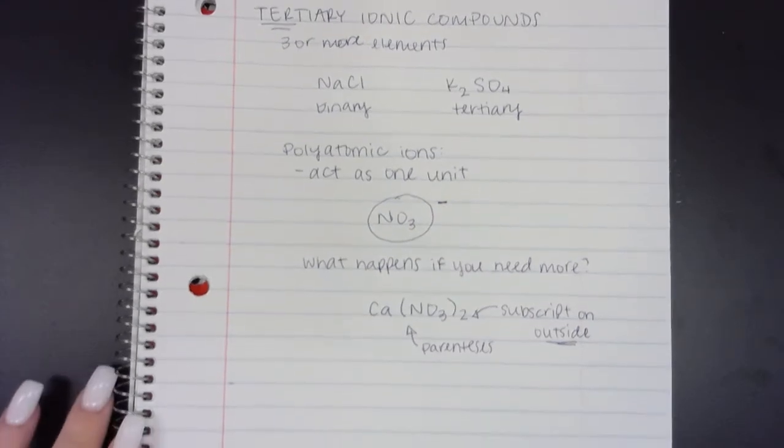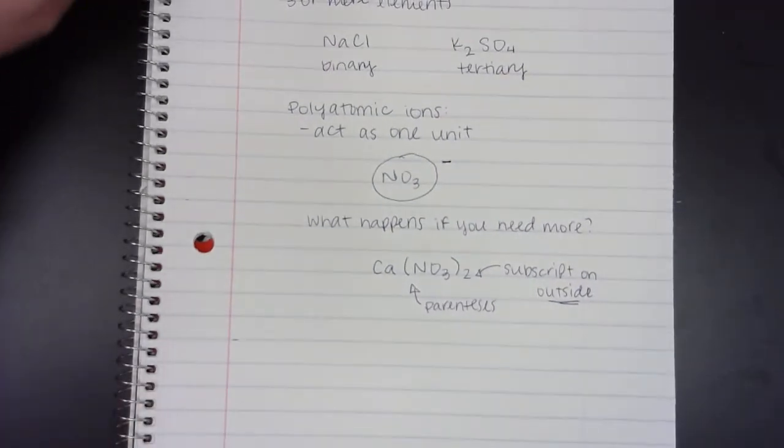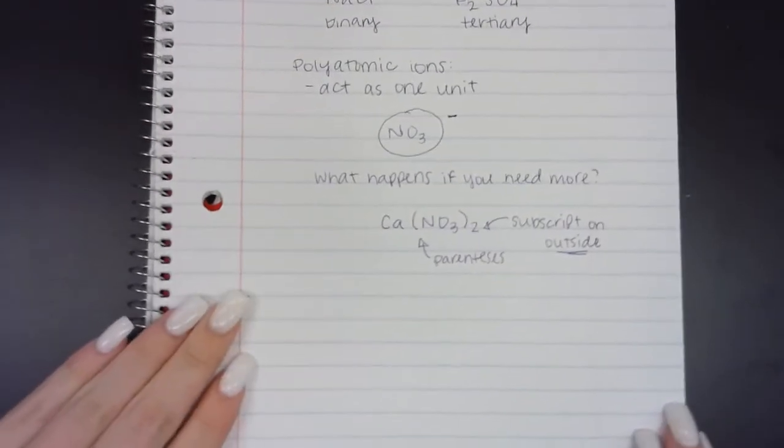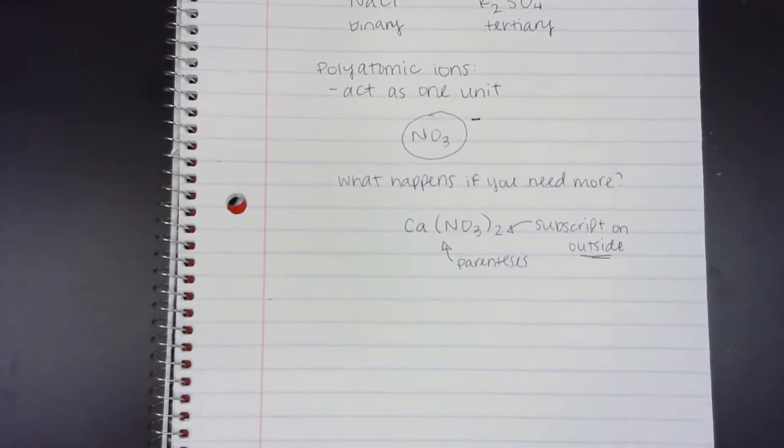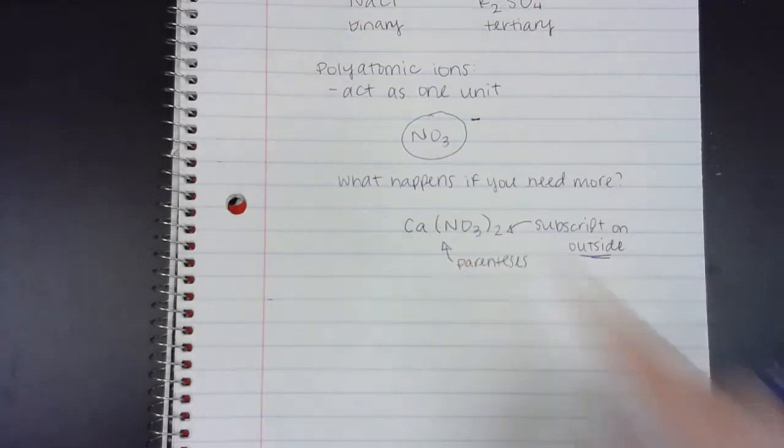Okay. I'm going to move this up a little bit. Can I substitute for the Ca? So the subscript is for the nitrate.